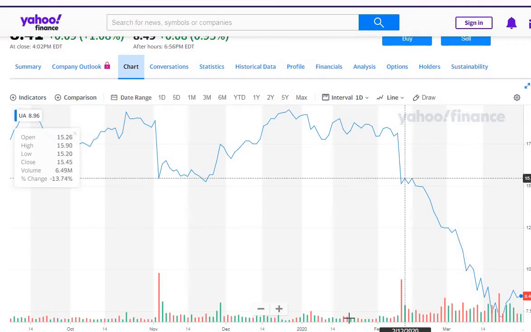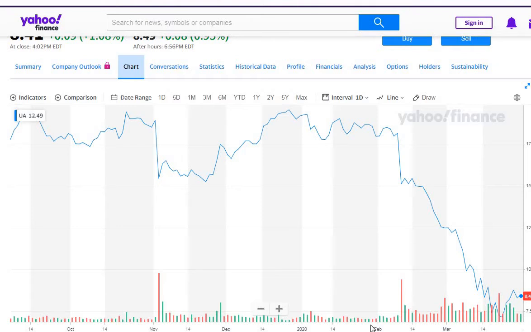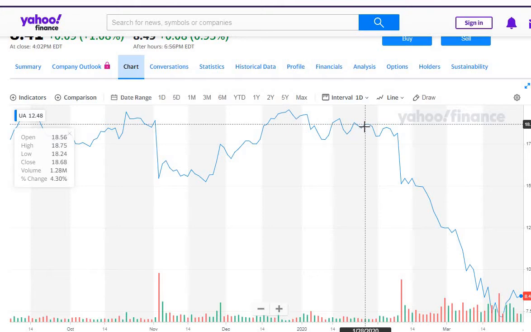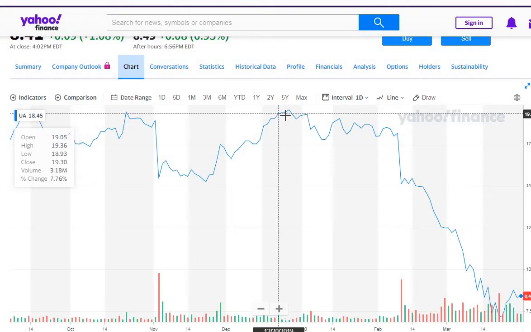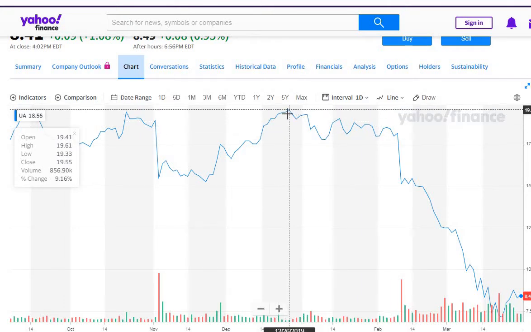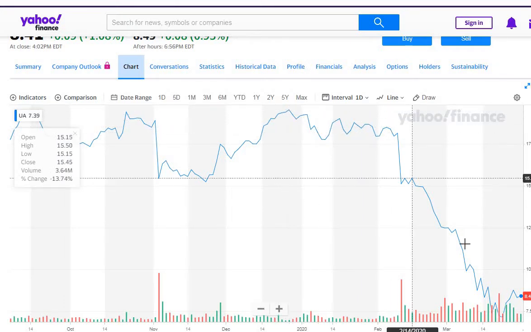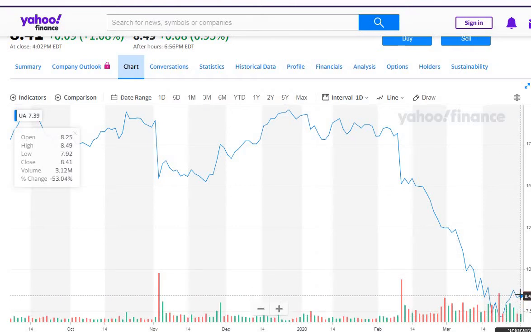Down here you can see 2020, and just in February, 1 month ago, the stock was up almost to that highest high. Back in December, January, it did pretty good. However, if you compare this to down here where we are right now, you'll see a drastic difference.